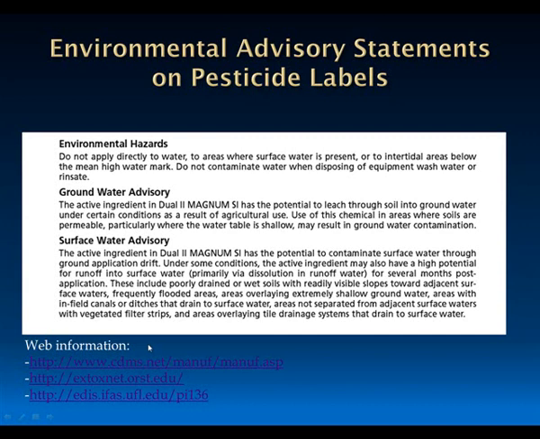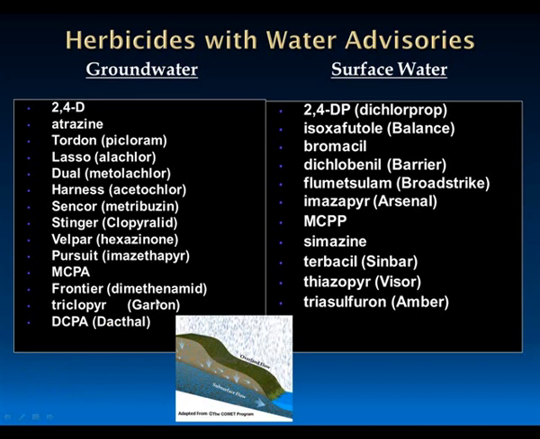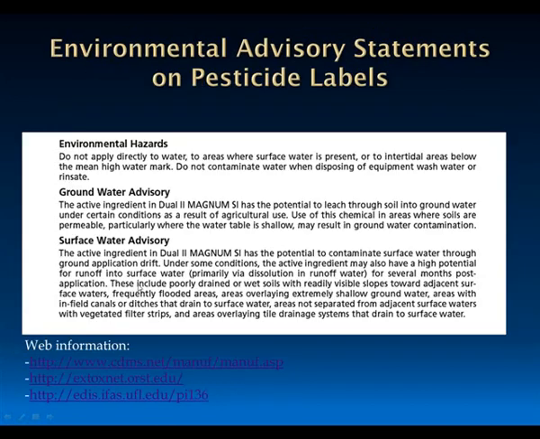And the way that I searched was simply to go into the web browser's find feature and search for the word groundwater, one word, and then surface water, two words, and was able to find these for a couple of different chemicals in this list that we just looked at. So I looked up a couple of these different names and then found their advisories.